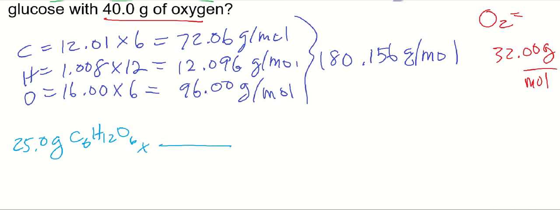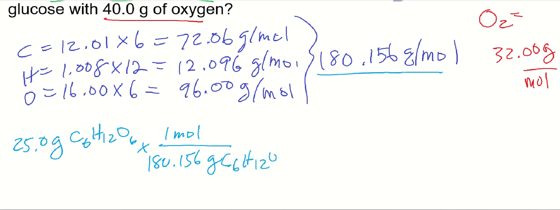We just did all that. The molar mass was 180.156 grams in 1 mole of glucose. All right, let's cancel these units out. Gone.